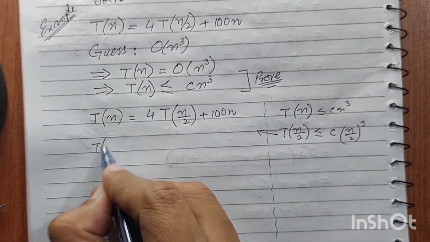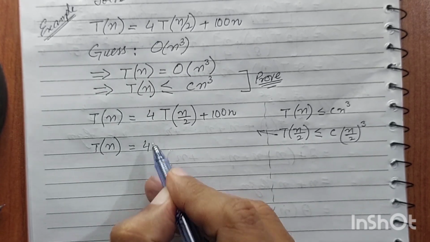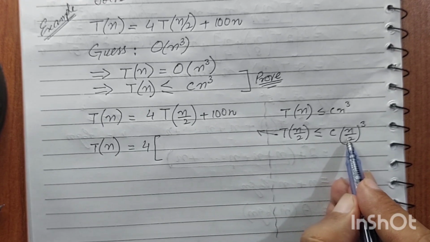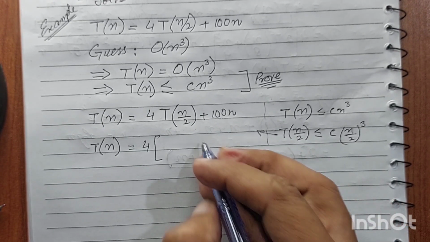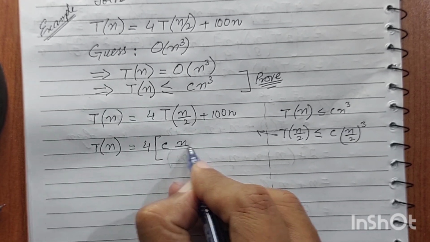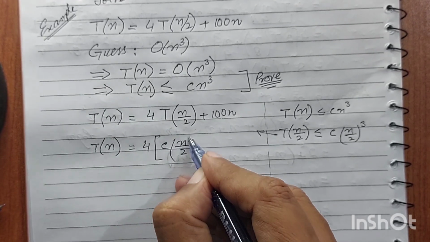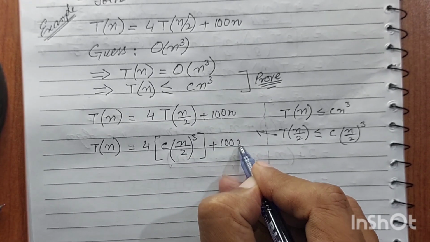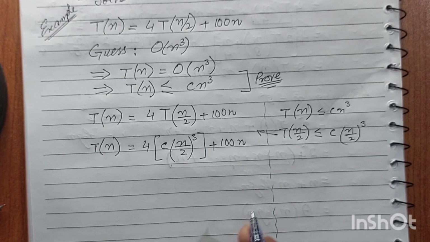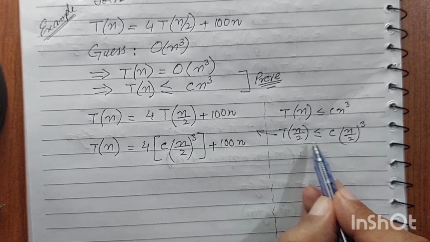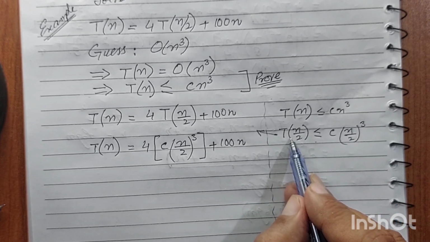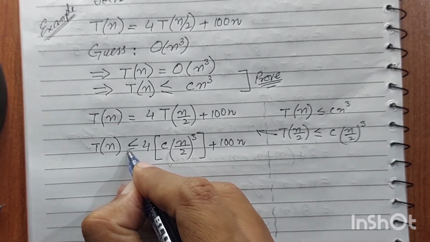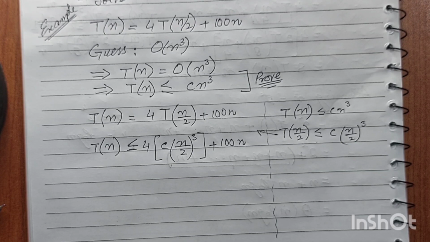So I will get t of n is equal to 4 times t of n by 2 replaced by c of n by 2 whole cube, plus 100n. Because this part is greater than t of n by 2, overall after replacing, it will also become greater than t of n.